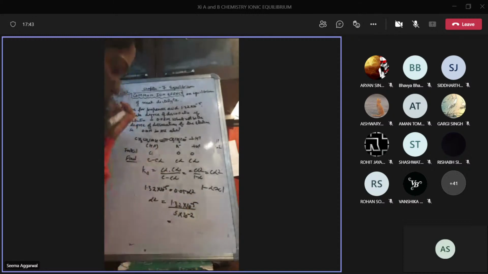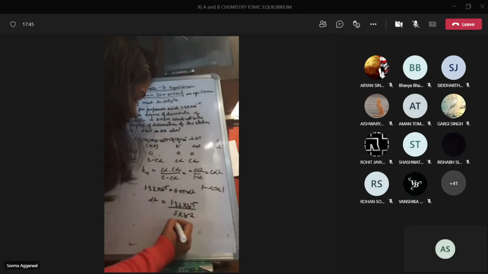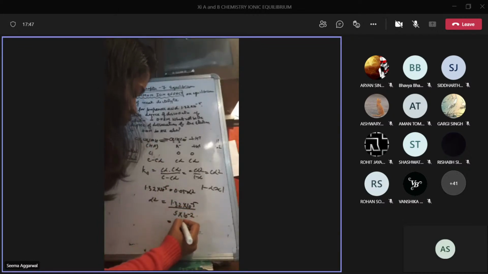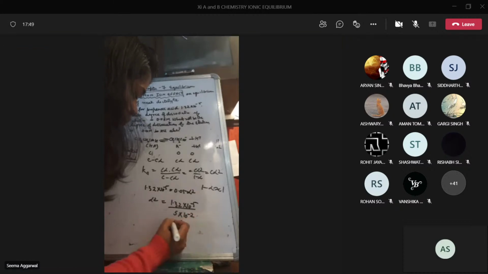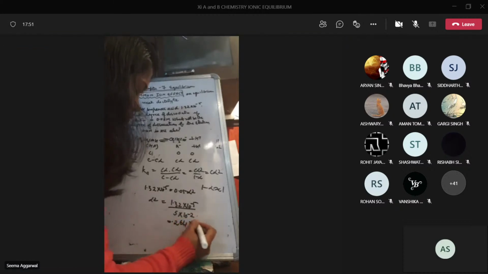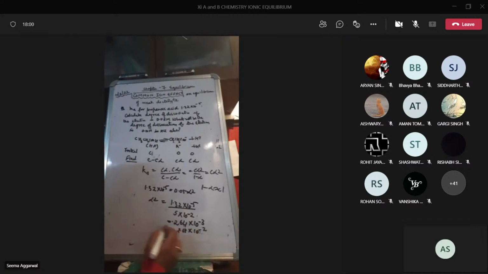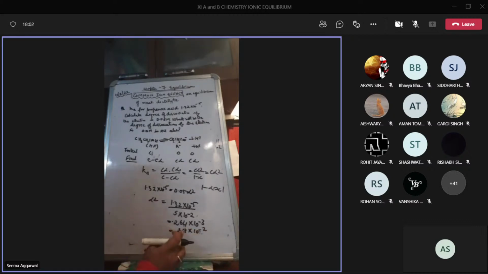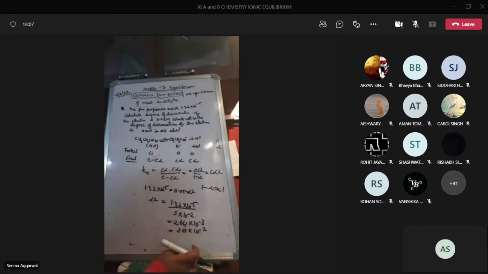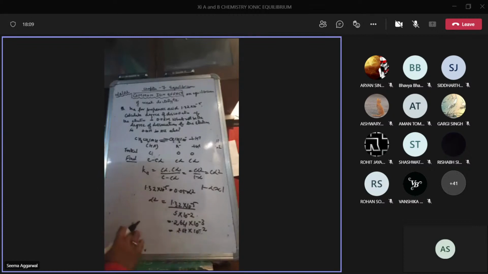So dividing by 5, we get 6.4. Now to find the square root, the power should be an even number, so I can write it as 2.64 into 10 to the power minus 2. Or you could also have written it as 264 into 10 to the power minus 4. That was also correct. It's up to you.